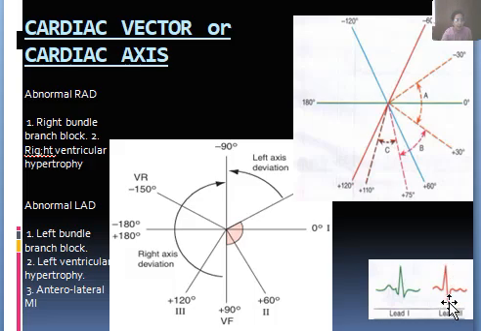So what is the average QRS deflection? This is the QRS complex. It is the height of the R wave minus the largest negative deflection, that is the S wave. For example, this is lead 1.